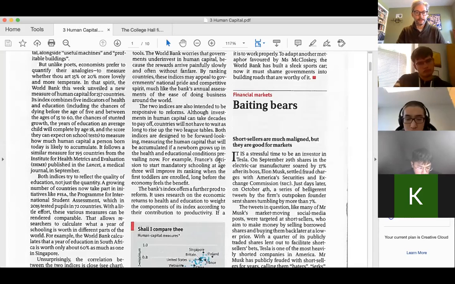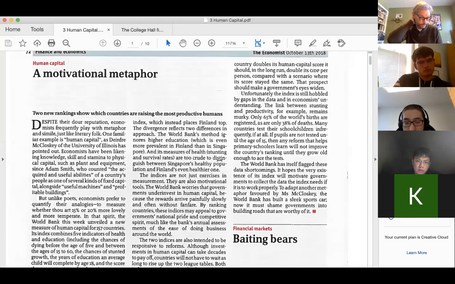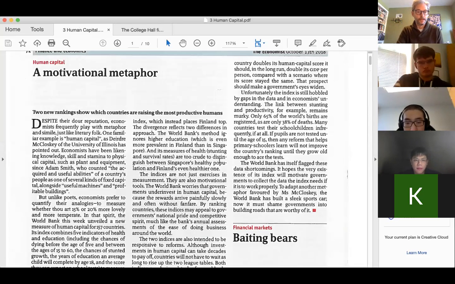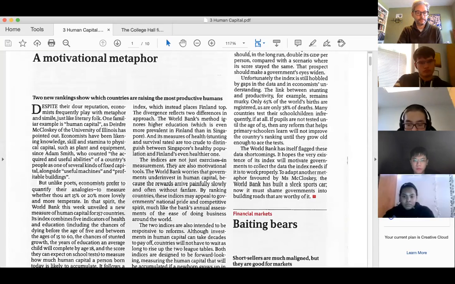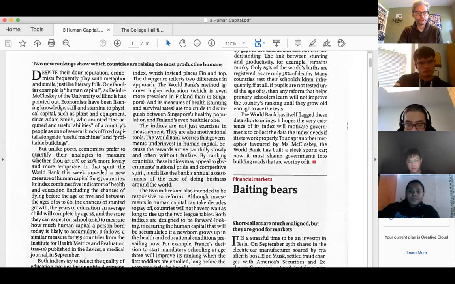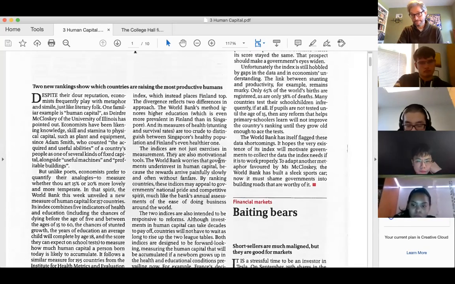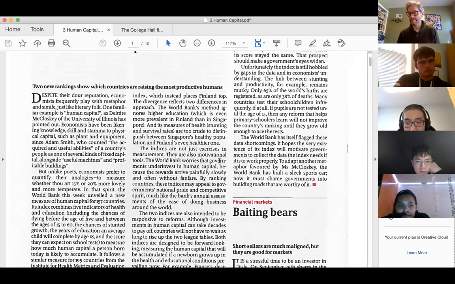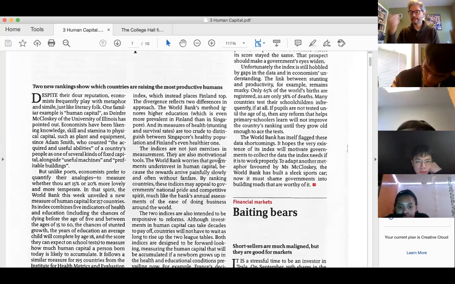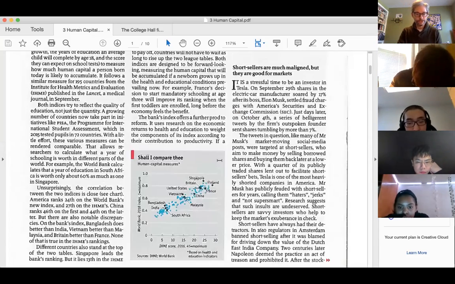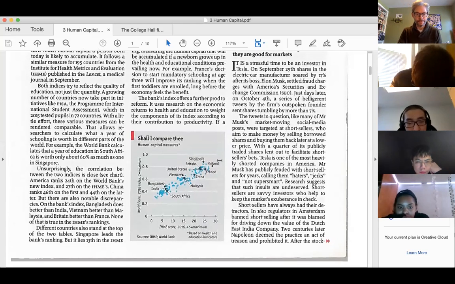Here's a study that I learned about in the Economist magazine. This is a study that's looking at actual measures of human capital. And in fact, they create an index, meaning a single measure that incorporates all of the things I just talked about: life expectancy, infant mortality, stunted growth, scores on the PISA test, years of education.